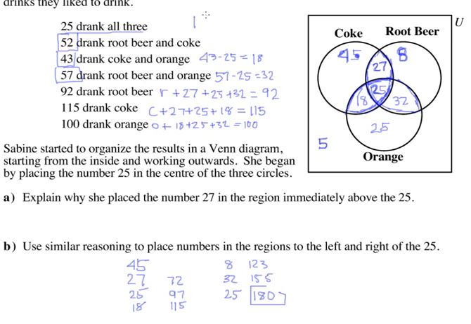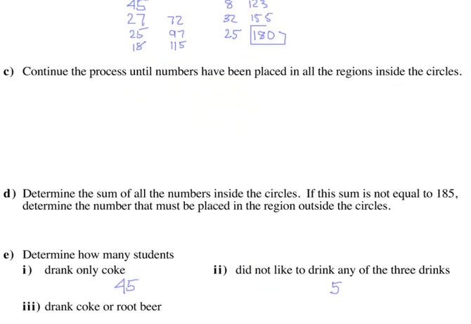There were a grand total of 185 people. How many of them don't do Coke or root beer? These 5 who don't like any of these 3 kinds of pop, and also these 25 who are orange fans only. Subtract those off and you get 155 people who drink Coke or root beer or possibly both. If you add up all of these numbers, I bet you get 155, but the shortcut is much quicker. 155 Coke or root beer or possibly both.